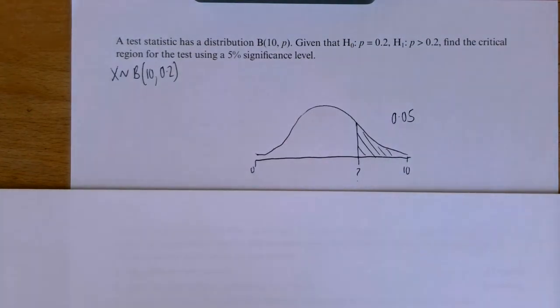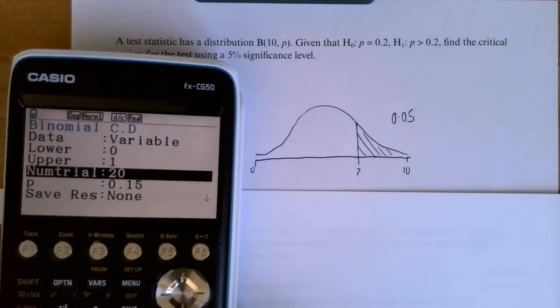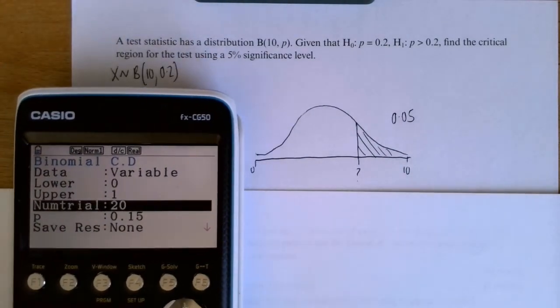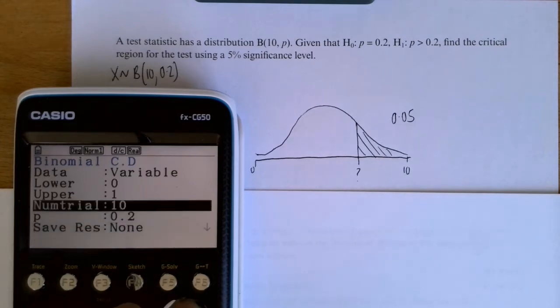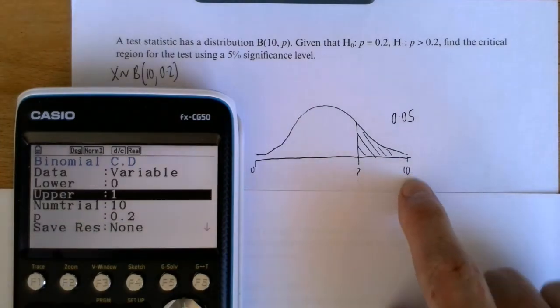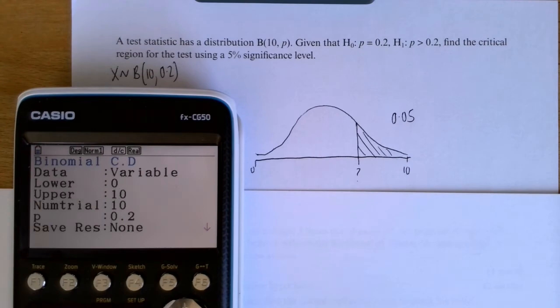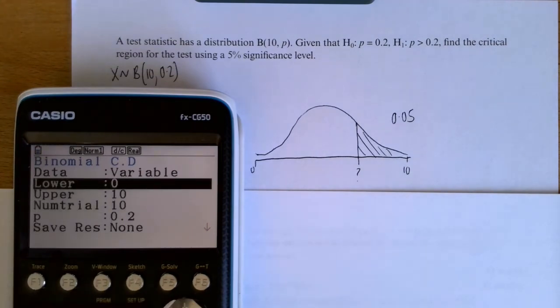And so let's have a look at that problem on our calculator. So let's type in the data. So it needs to be 10 as our number of trials, and probability of success 0.2. It is an upper tail problem, so my upper is always going to be 10, and I'm going to vary this value.